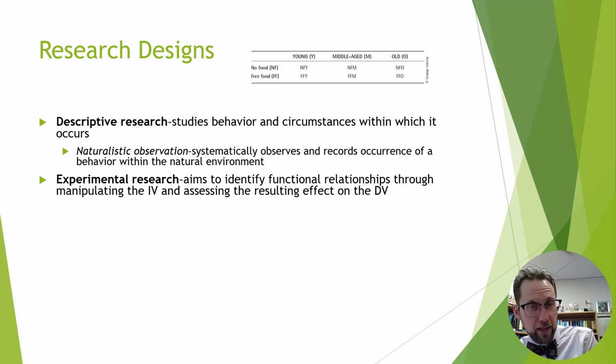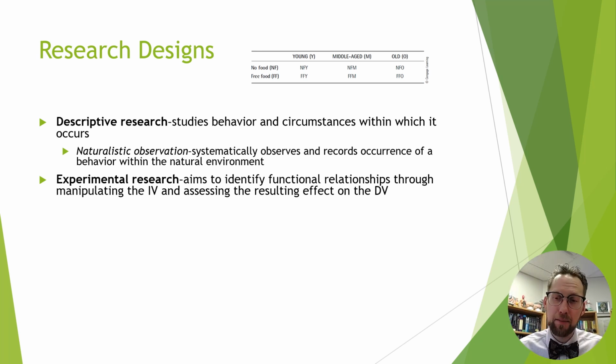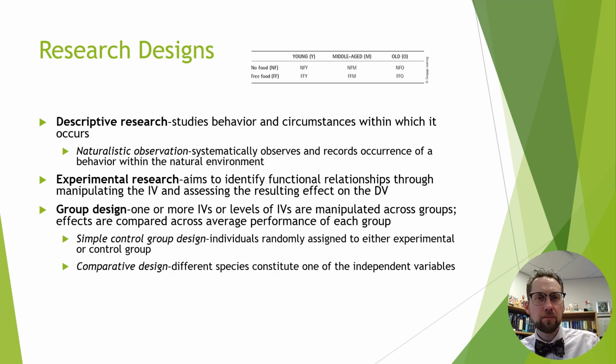Now I give them a training, I bring them to the lab again, the kid gets upset, I see if their behavior has changed. That would be an experiment. Now I've manipulated something, and it's a within-subject design, so there is a baseline that is kind of the control condition. Then you have group designs. In group designs you have one or more independent variables or levels of independent variables.